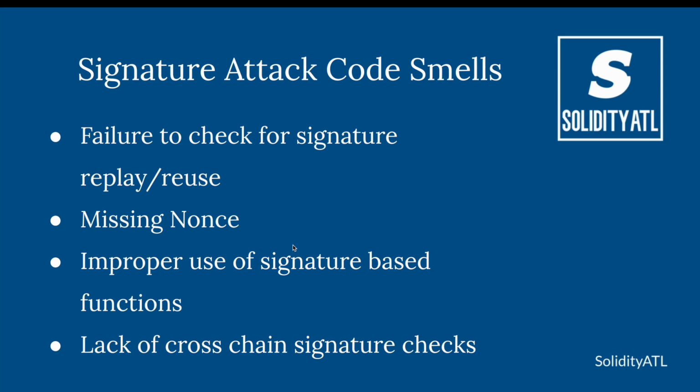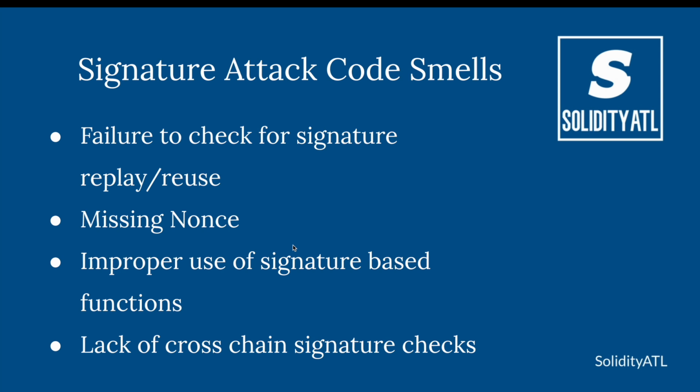And then another important one is checking for lack of cross-chain signature checks. So if I had a signature that's on Ethereum, whenever we're working with another chain, let's say it's an L2 like ZK Sync, there needs to be a signature check to also validate the chain ID.